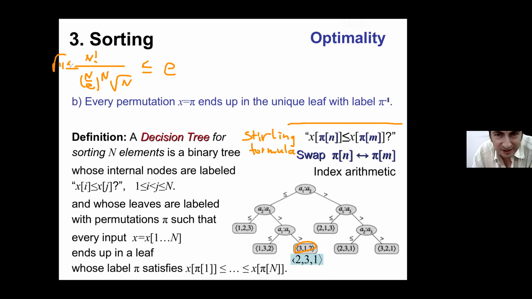There are much more exact versions of this formula, but this version should be more than enough for us. So from which you can see, and now this is something that you should be able to see, that log n factorial behaves like n times log of n. So this is now a simple consequence of that.